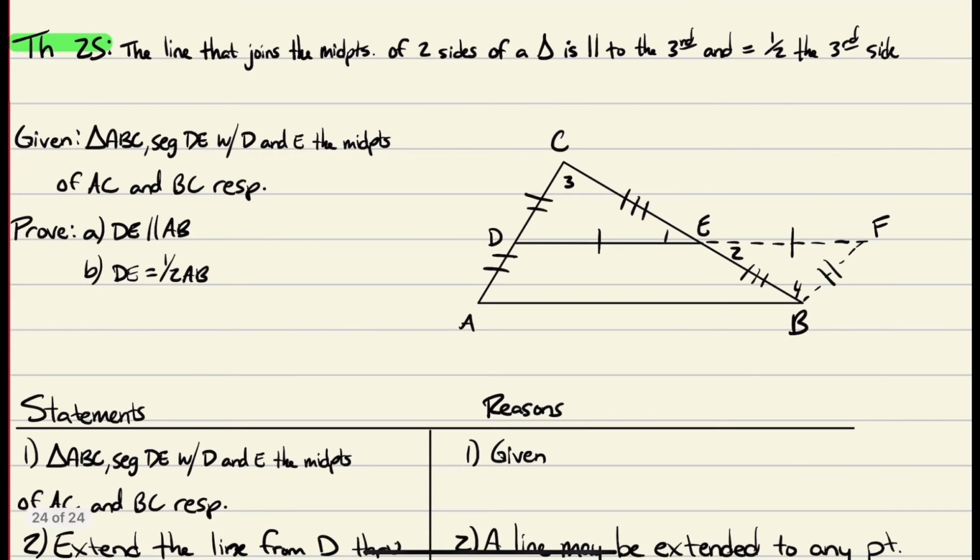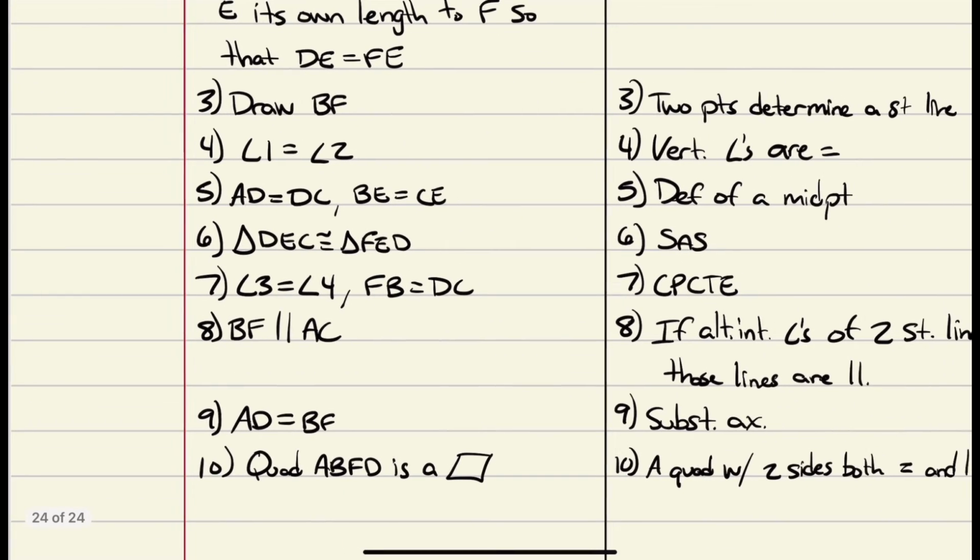Let's take a quick look and move on. We stated that these two sides are equal. We stated that these two sides are parallel. So we can now state that since they're both equal and parallel, that was one of the things that we proved a couple videos ago, that would cause this entire quadrilateral to be a parallelogram.